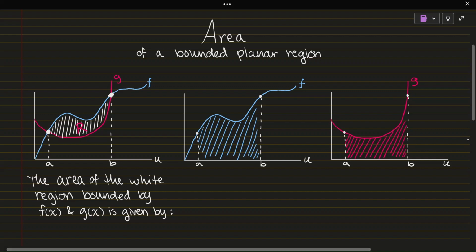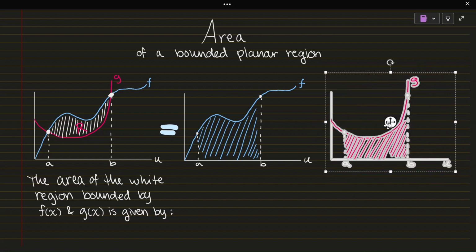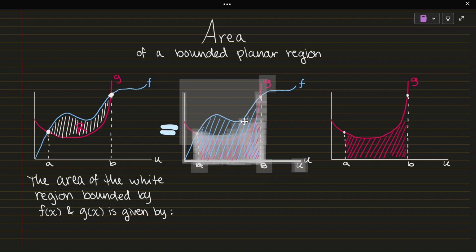I can do this by noticing that the white area there is the same as if I were to take the area underneath F, all of this blue area here, and subtract off all the area underneath G, so all that red area there.